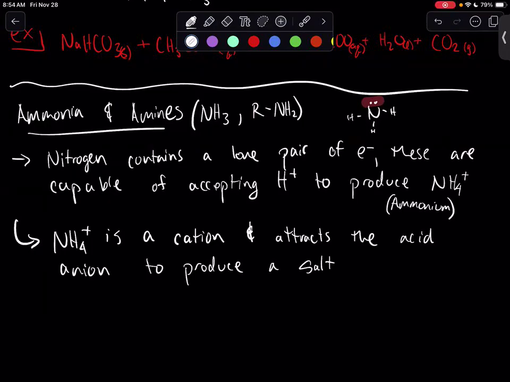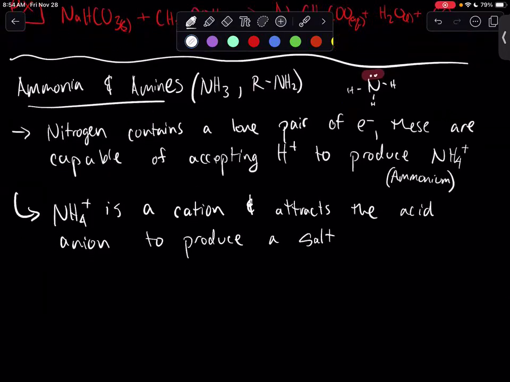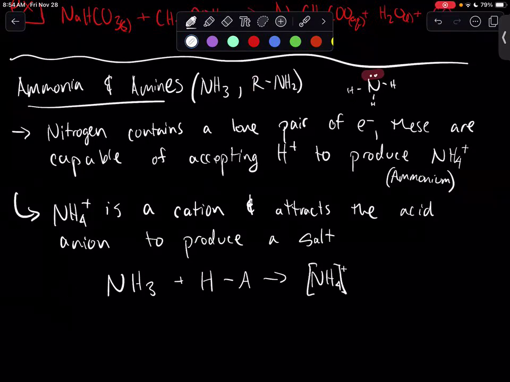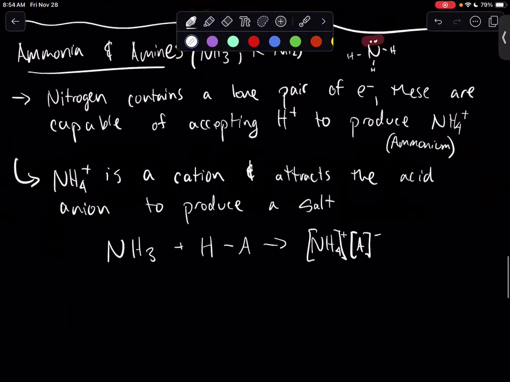This is salt based with ammonium as our cation, and they will electrostatically attract the acid anion. So we can look at this reaction as NH3 plus HA will produce NH4 plus, and that is what we're going to be using to represent our ion, electrostatically bonded to A minus. And so those are going to form this ionic bond.